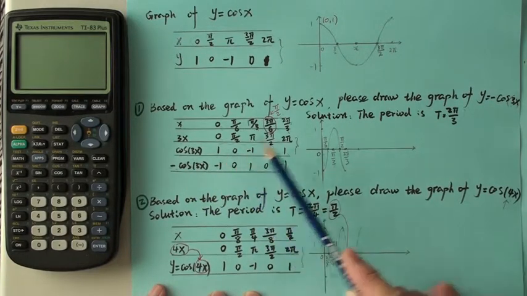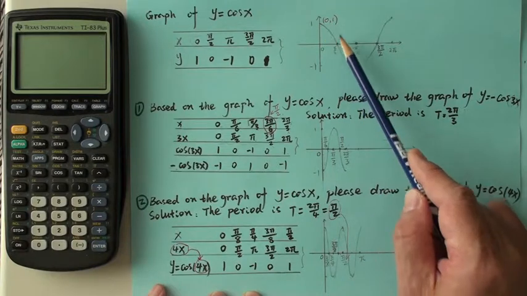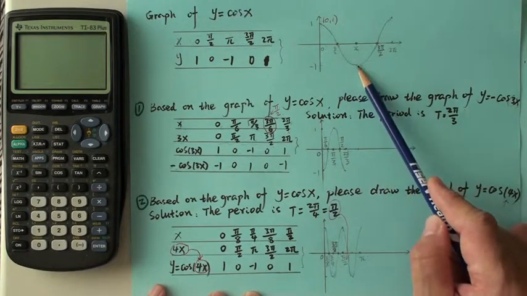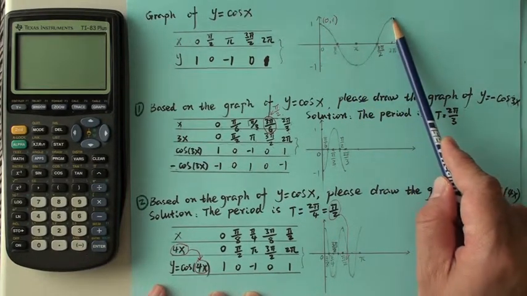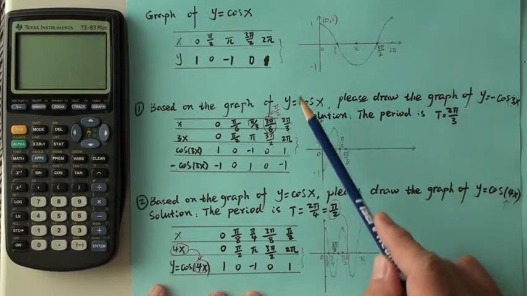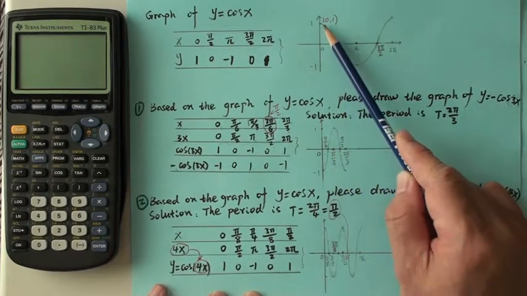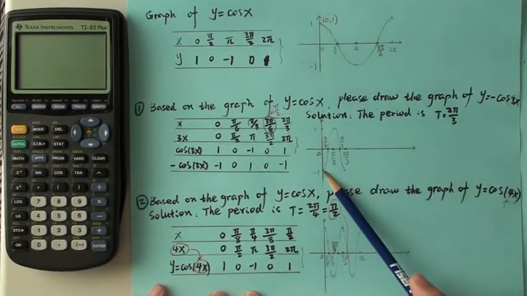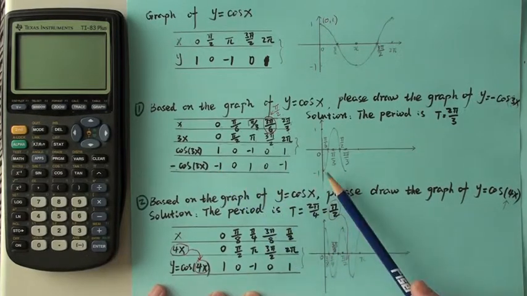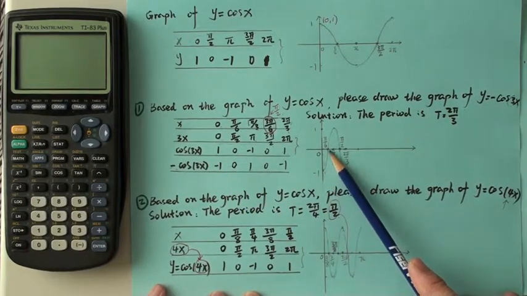So previously it was what? 1, 0, negative 1, 0, 1. Now you have a negative in front of it. So it should be what? Negative 1, 0. Instead of going up here, it goes down because it has a negative.